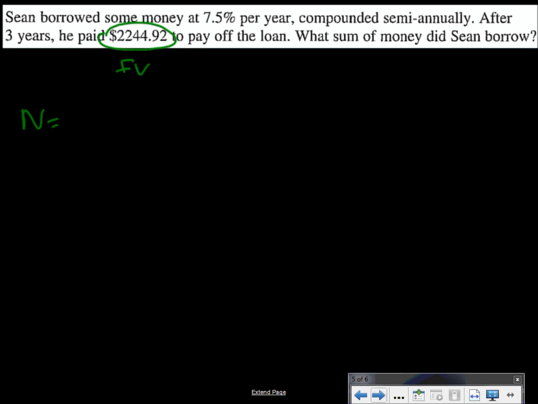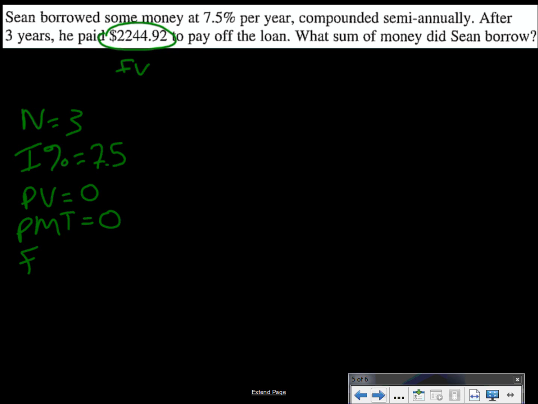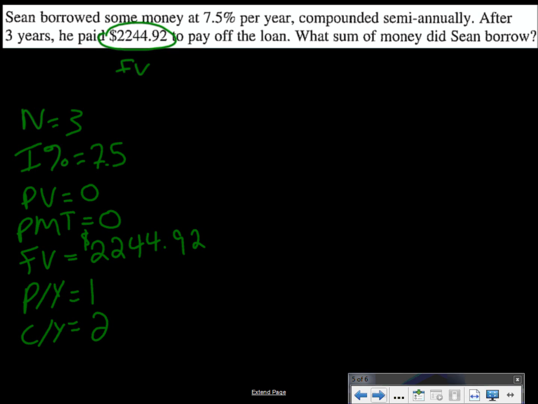N equals 3. I percent equals 7.5. PV equals 0. PMT equals 0. The future value that he's going to owe is $2,244.92. P/Y is 1 and C/Y is compounded semi-annually, so that's going to be 2 because it's twice a year.